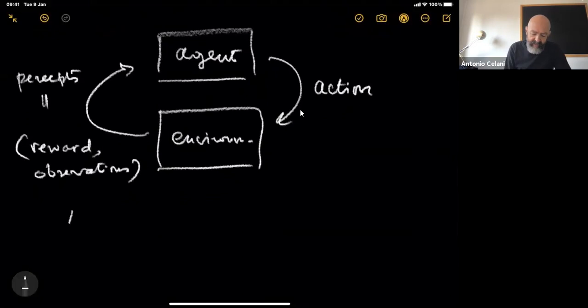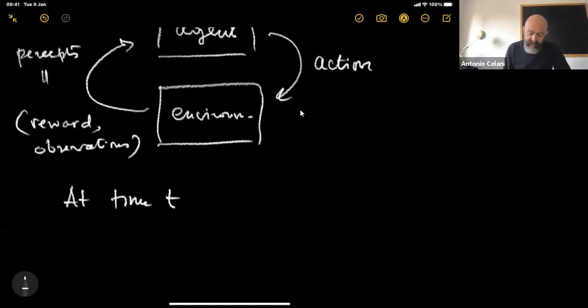So in general, at time t of this loop of interaction with the environment, the agent has performed a series of actions. Starting from the initial time, it has performed action A0, and then this has resulted in a reward R1, maybe a random object, and an observation Y1. This Y1 can be a high-dimensional object.